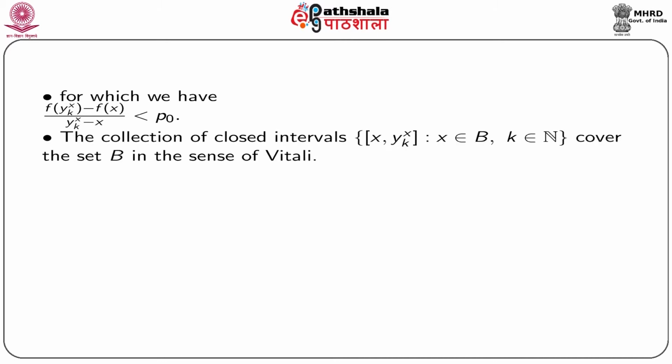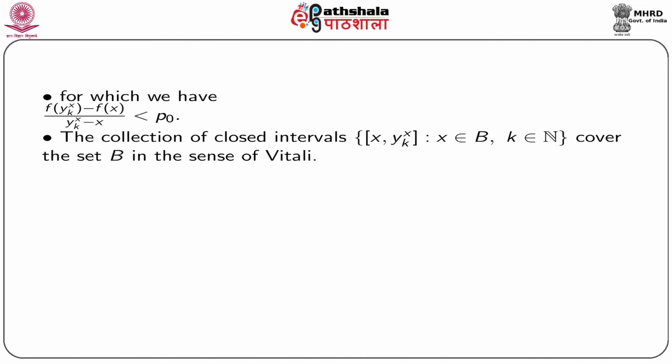Now, again we consider the collection of all closed intervals of the form [x, y_{x,k}], where x runs over the set capital B and small k runs over all natural numbers.